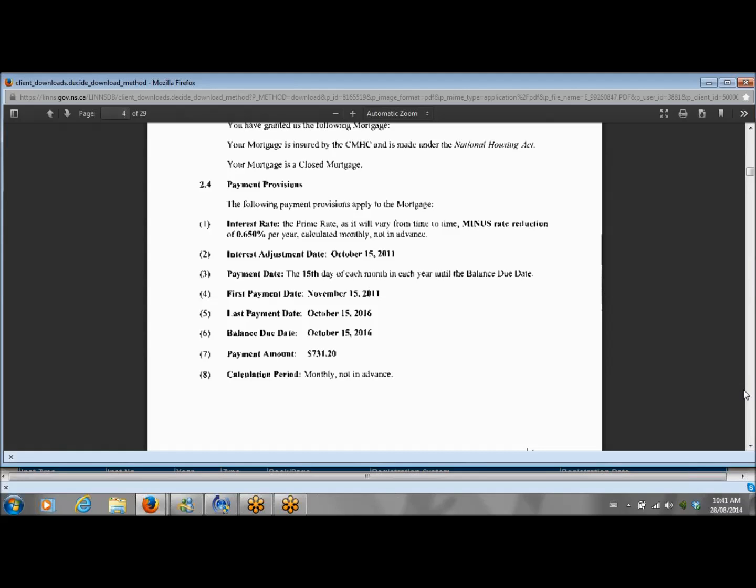So if your client breaks that mortgage, the bank is going to want an interest rate differential because that number is greater than the 3 months interest. So that's where you run into $3, $4, $5, $10, $15, $20,000 mortgage penalties.